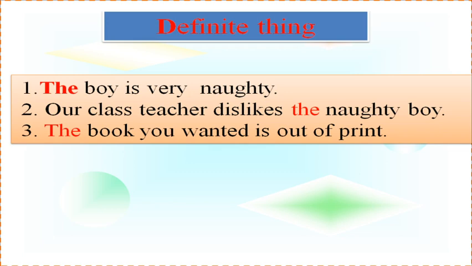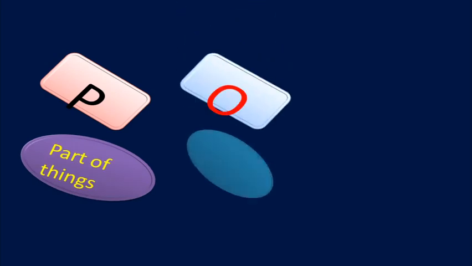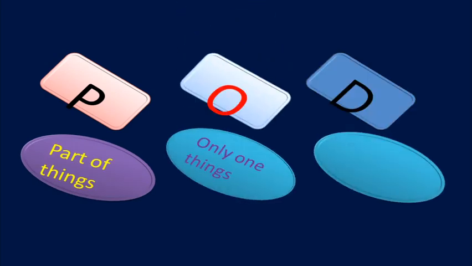So in case of that book you have to use the. The means that. It means this specific book. So here P means part of things, O means only one thing, D means definite things, in brief.